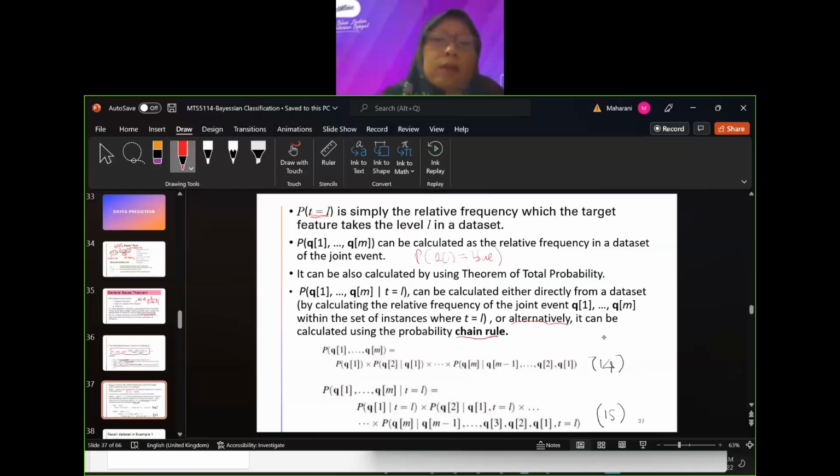This is the explanation of the chain rule.